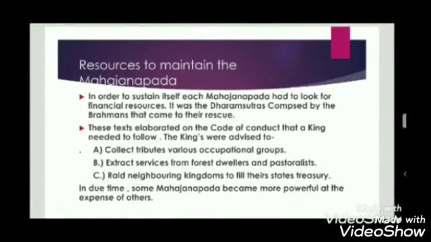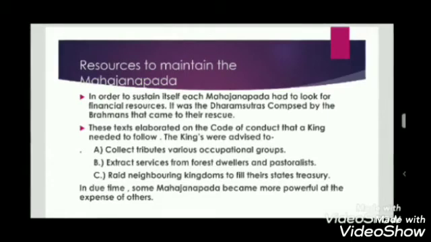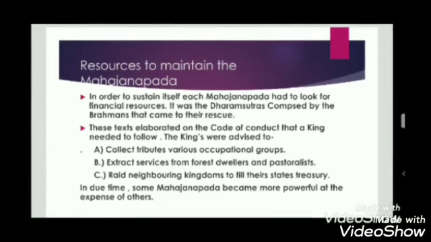Taxes could be taken in the form of services from the forest dwellers as well as the pastoralists. Like the forest dwellers could help the state in hunting down the wild animals so that the area of agriculture expanded. Obviously, more agriculture means more revenue for the kingdom or the city state.